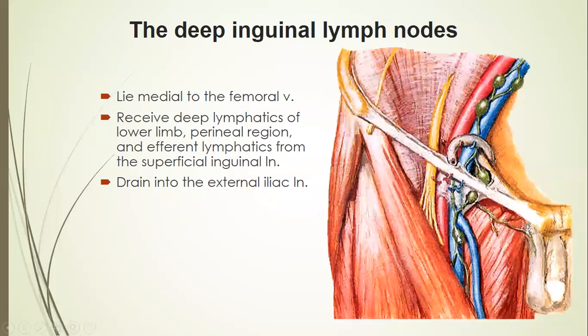So these are all the lymph nodes along the medial side of the femoral vein. There are 3 or 4 in number, or sometimes 2 or 3, and they are called the deep inguinal lymph nodes. The efferent lymph vessels of the deep inguinal lymph nodes ascend beneath the inguinal ligament to drain into the external iliac lymph nodes.